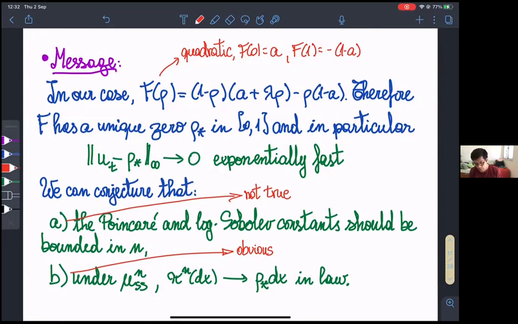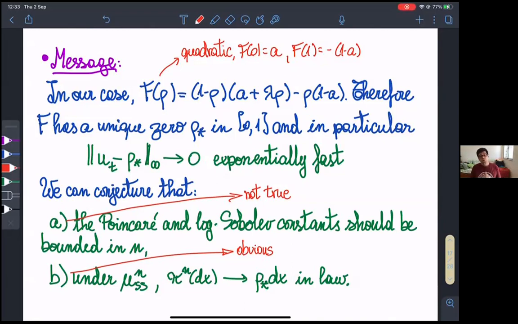For example, in the uniform norm this is true, and also in even some C alpha norms. The reason for that is that this operator, because f prime of rho star is strictly negative, has a positive spectral gap, and from there you can conclude that the convergence is uniformly fast.